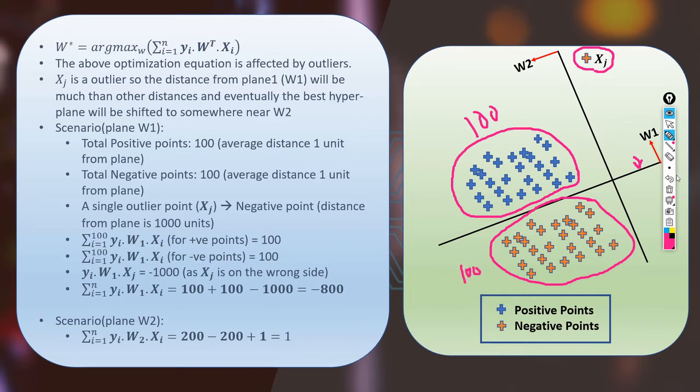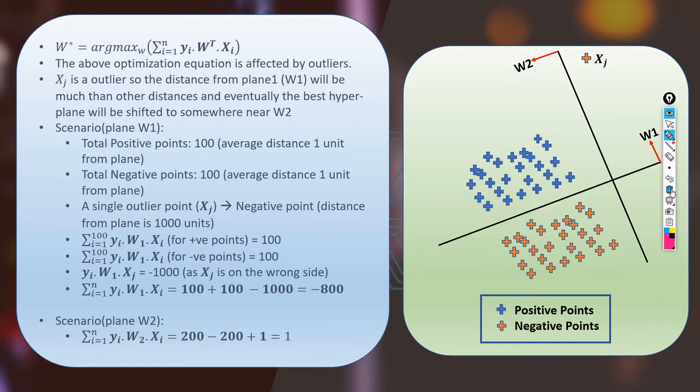We have 100 positive points and 100 negative points, and we are trying to use logistic regression. Logistic regression first draws a hyperplane, say pi 1, where the normal is w1. Then it tries to optimize this function, that means it will try to maximize the summation of signed distances for all the points.